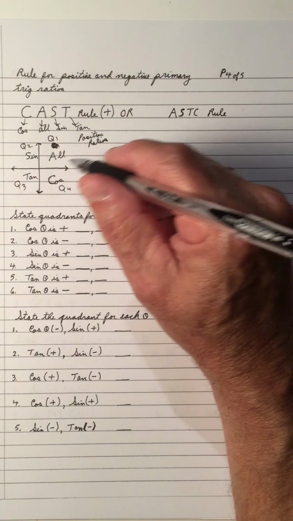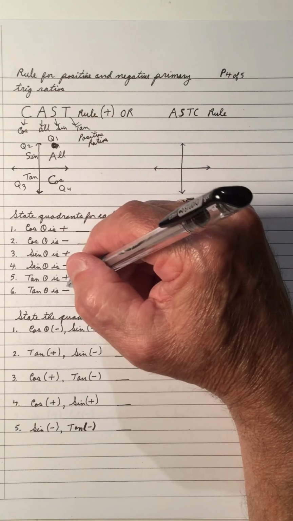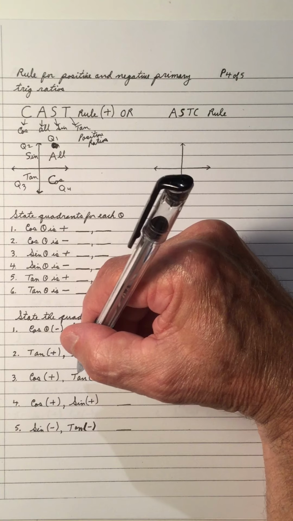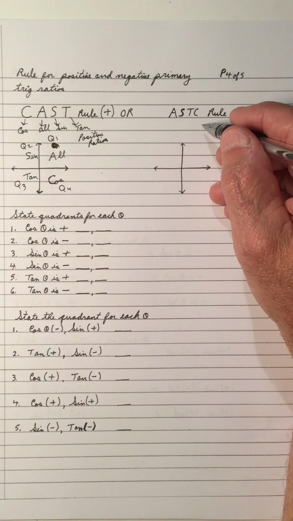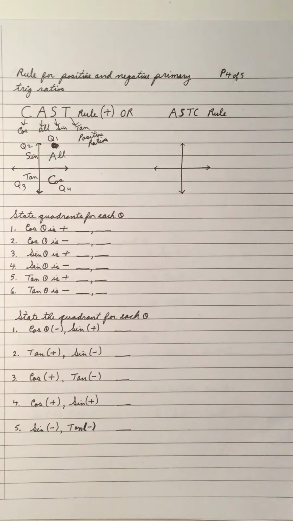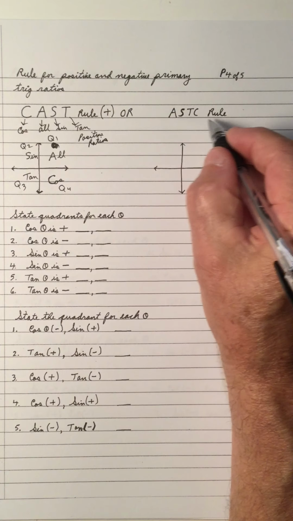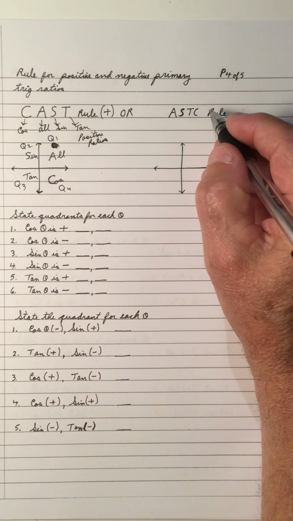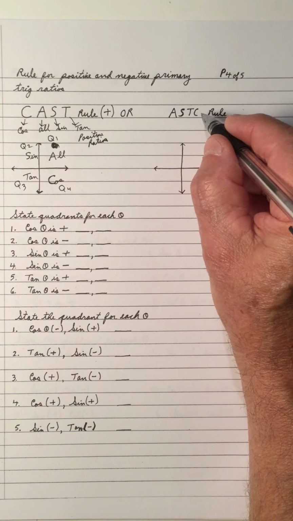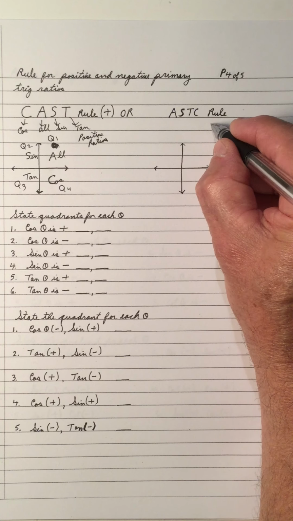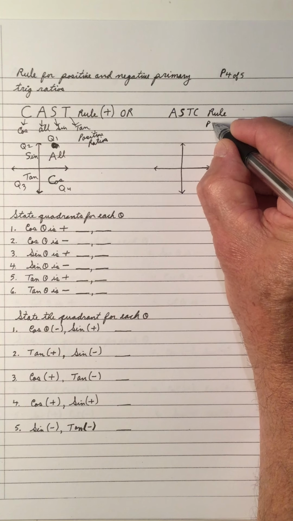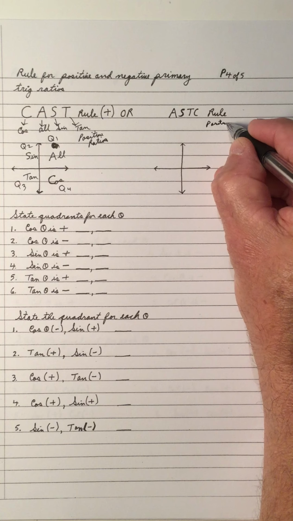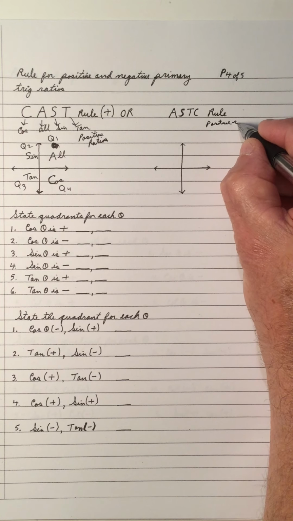So I'll do this one first with all these, or should I? Okay, don't make any difference. I'm going to explain this one then, and then I'll do these. I call this the ASTC rule. Again, it is for positive trig ratios.